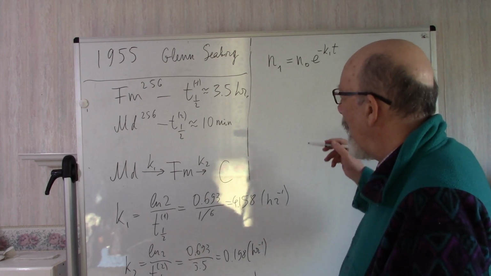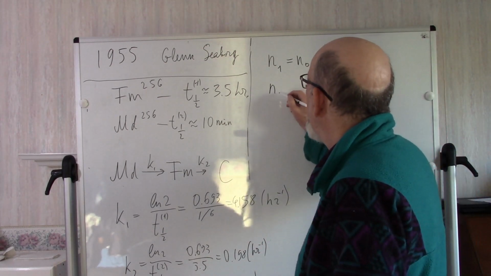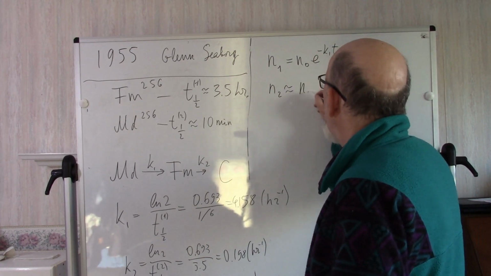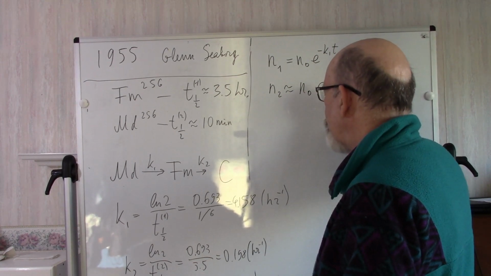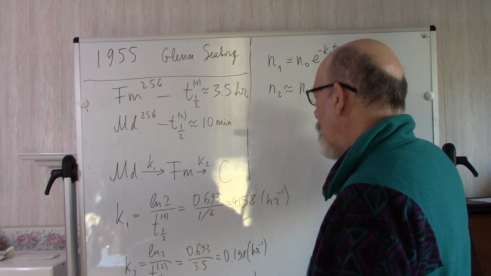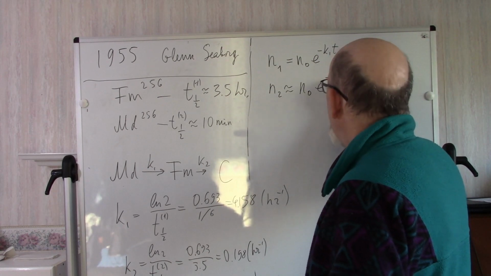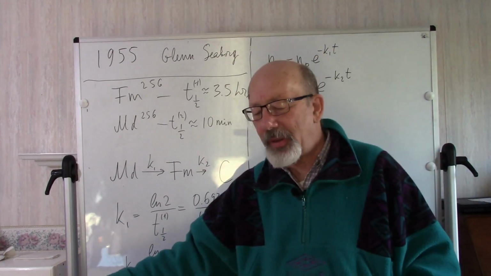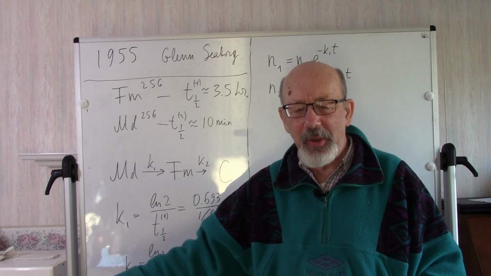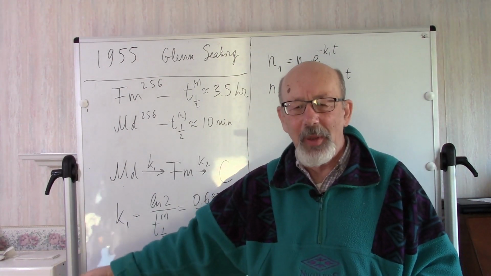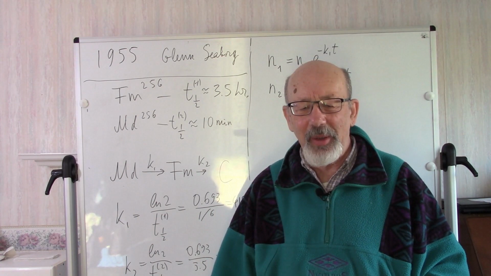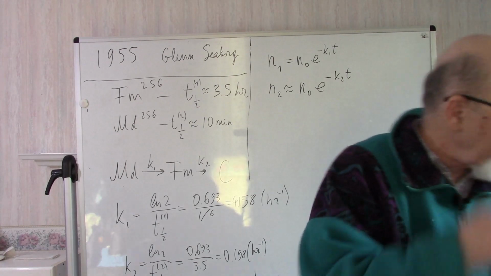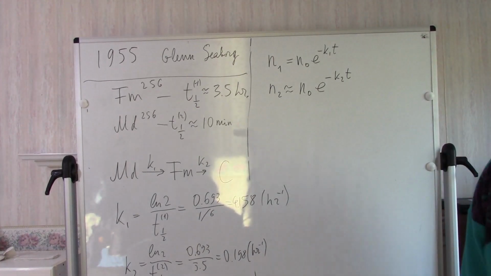And N2 is approximately equal to N0 e to the minus K2 t. So first Mendelevium decomposed into fermium, and then fermium decreases exponentially by itself. So we have the first picture here.